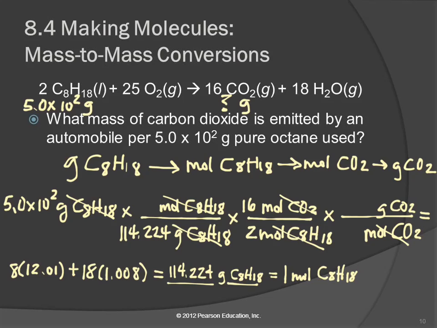114.224. And then we also need the molar mass of carbon dioxide. So that's 12.01 plus 2 times 16, which is 44.01. 44.01 grams of CO2 is the mass of 1 mole of CO2.